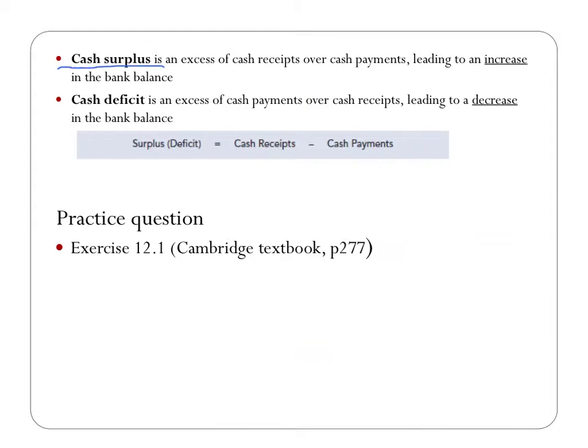Cash surplus is an excess of cash receipts over cash payments, leading to an increase in the bank balance. Cash deficit. The definition for cash deficit is an excess of cash payments over cash receipts, leading to a decrease in the bank balance. Okay, here is the formula to calculate surplus or deficit.